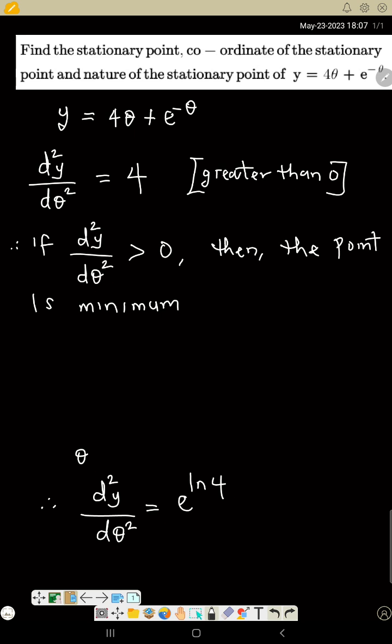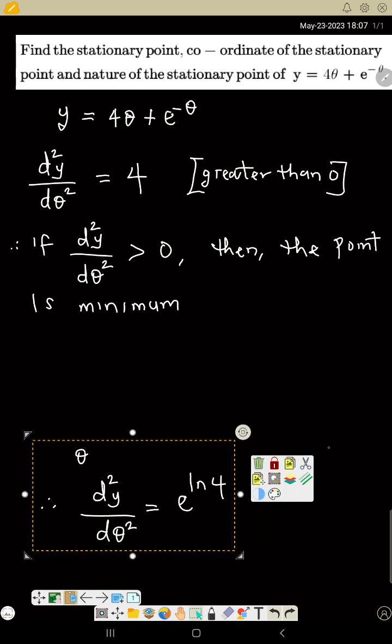Because the answer is plus, so it's greater than 0, the point is minimum. But if d squared y over d theta squared is negative, it will be less than 0, then the point is maximum. So now, since it's greater than 0, the point is minimum.